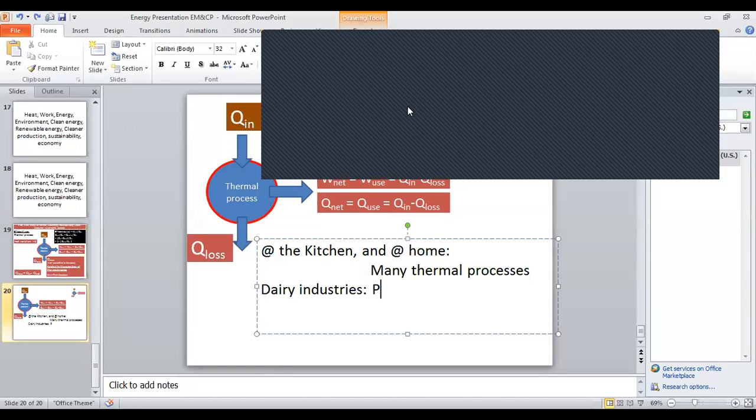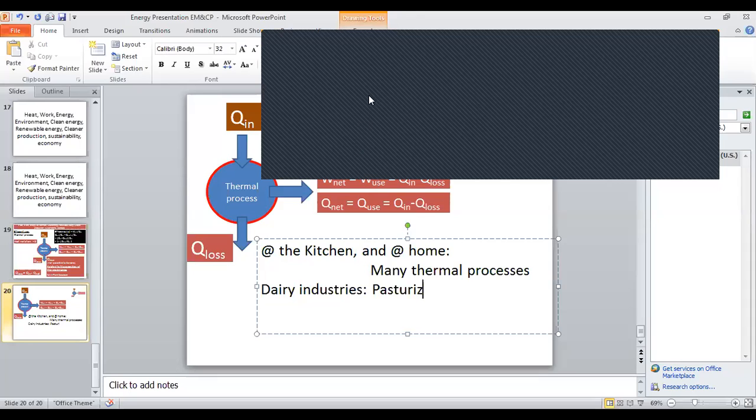One of the famous ones is pasteurization.